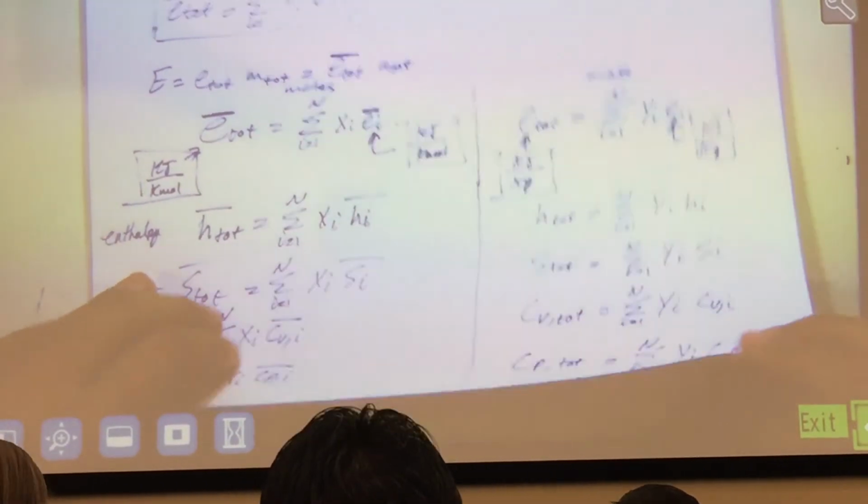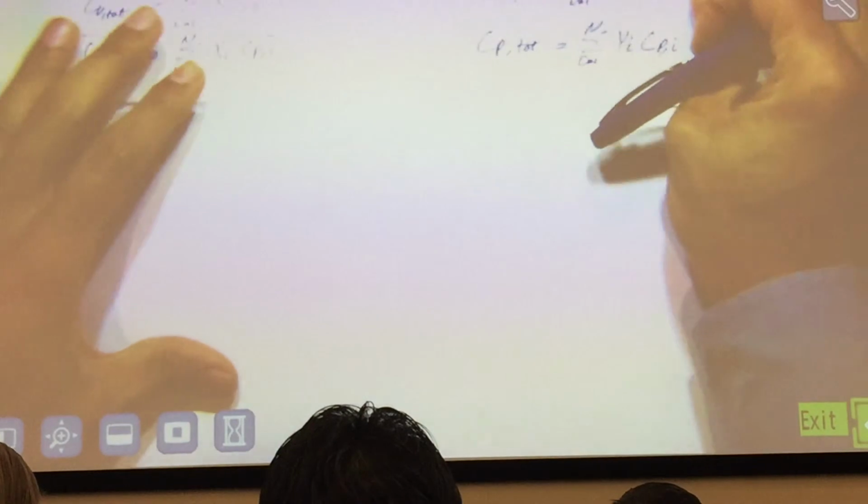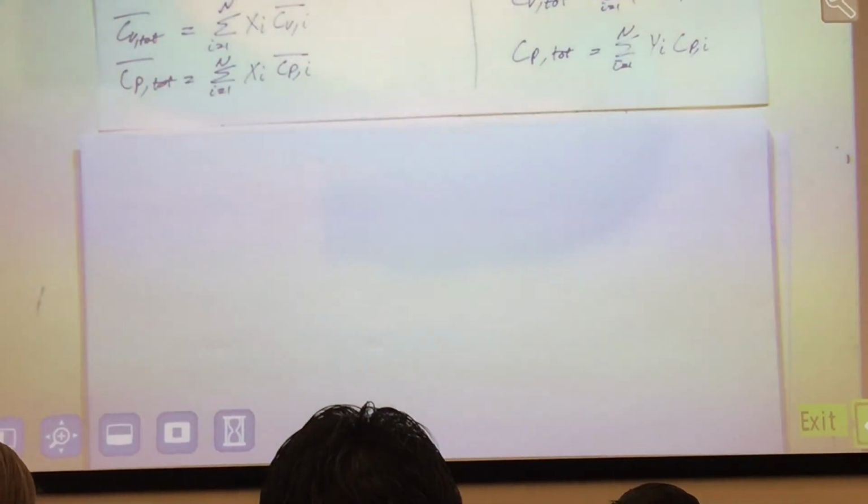All right, so before we do the example, just final touches on changes in extensive properties, which we just did.